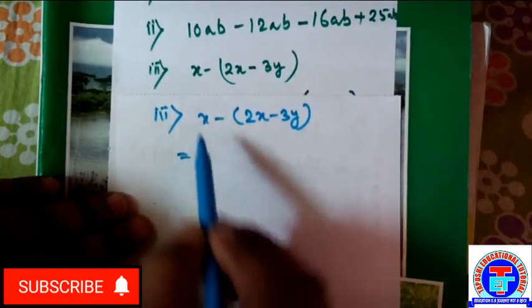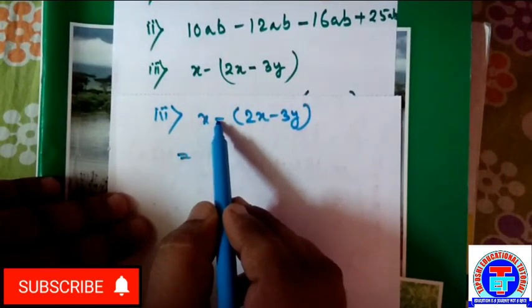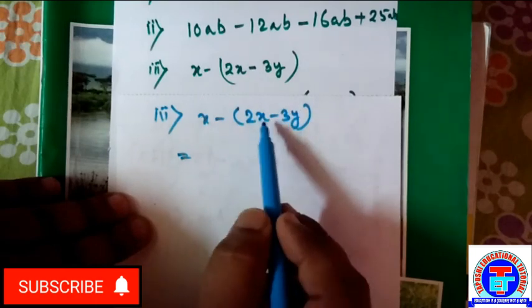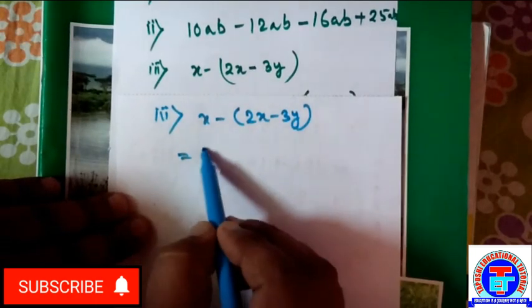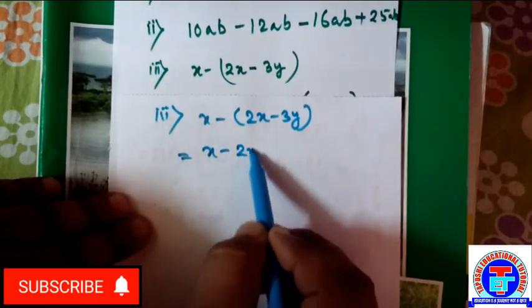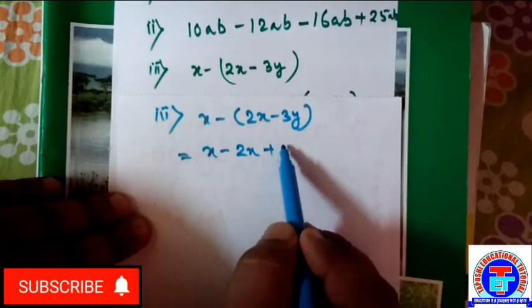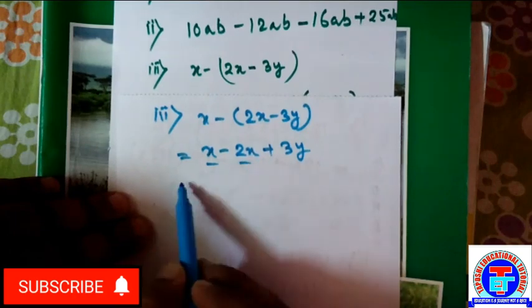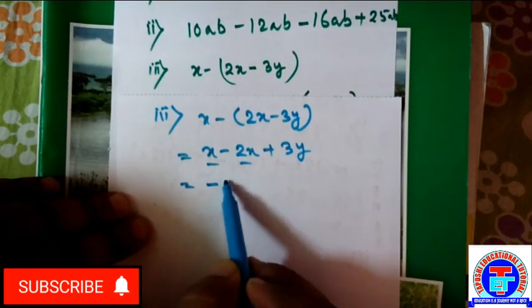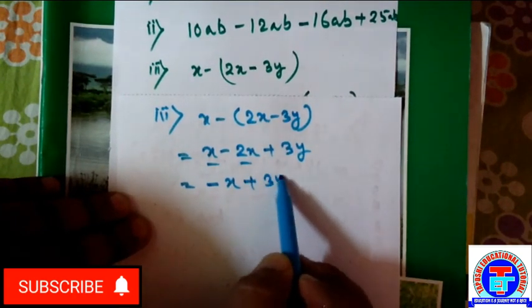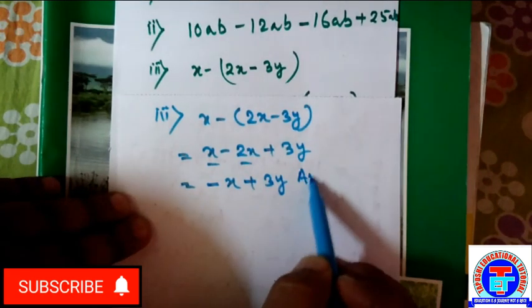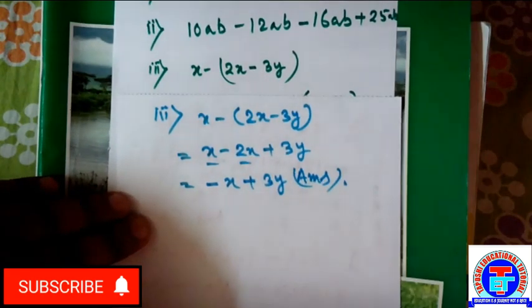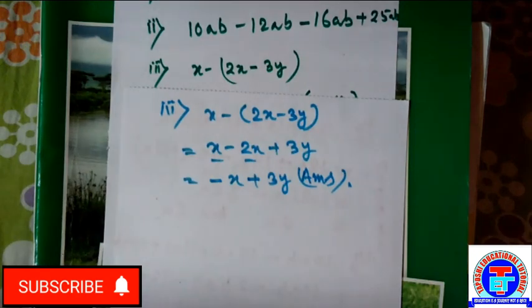First we multiply this minus with the expression: x minus 2x plus 3y. These are like terms, so we solve this and it will become minus x plus 3y. This is the answer.